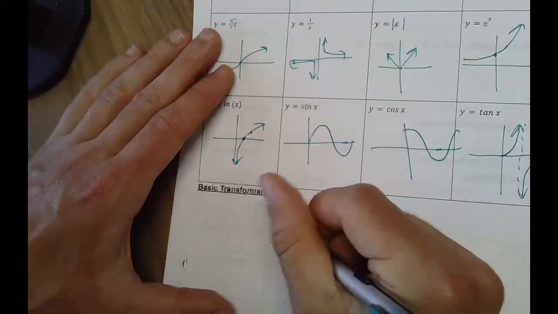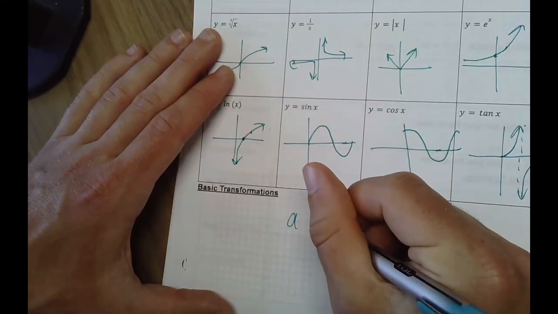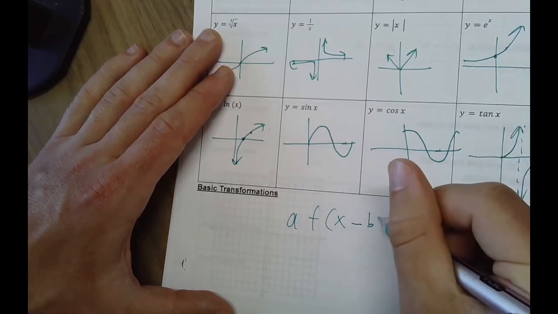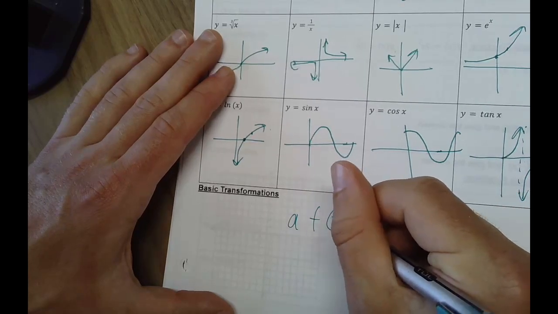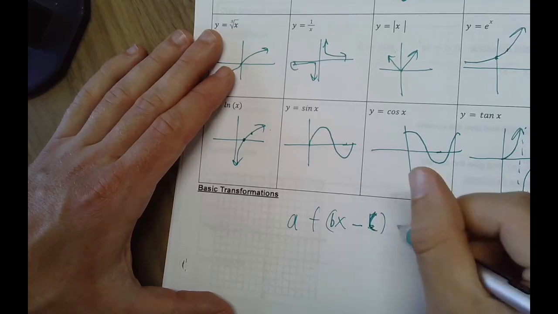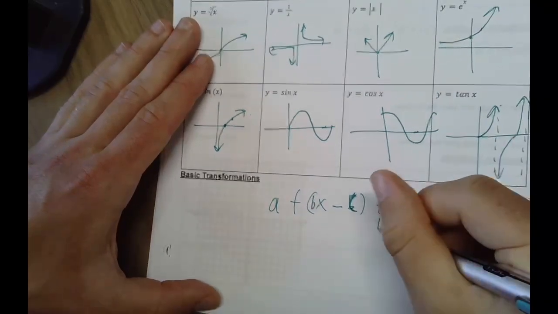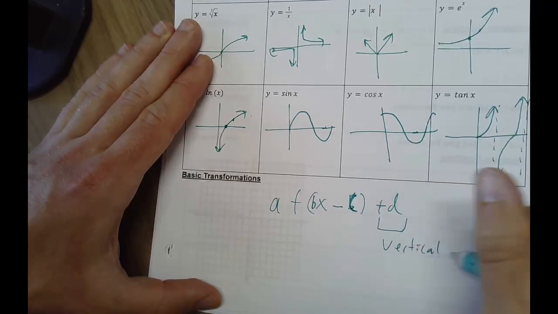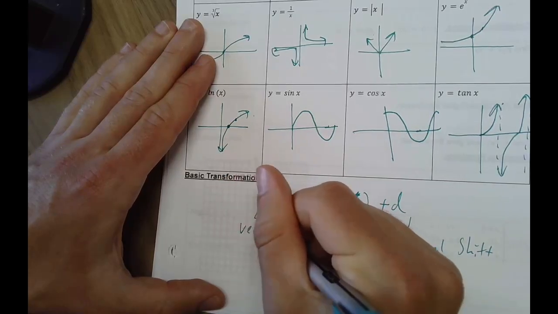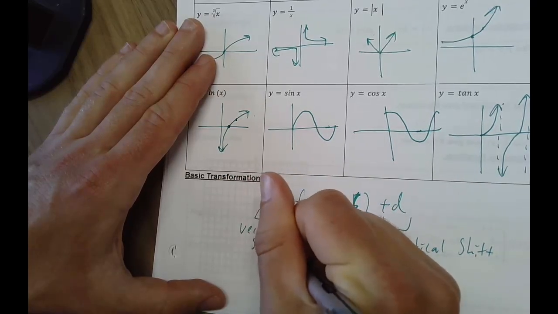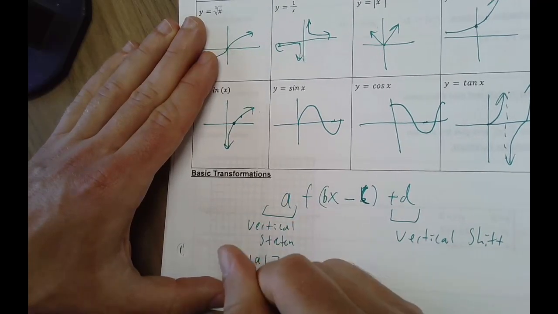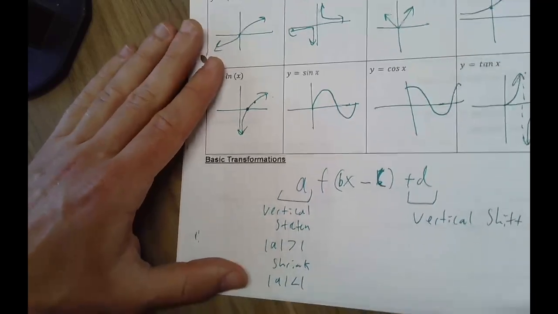Basic transformations. So we have a times the function f of x minus b. We're saying the b should go on the inside here. This should be a c, and then plus d. And so this d is that vertical shift. The a is the vertical stretch if the absolute value of a is greater than 1, or its shrink if the absolute value of a is less than 1.